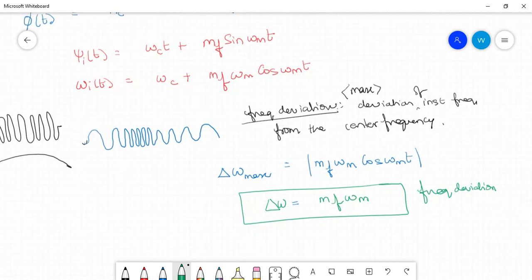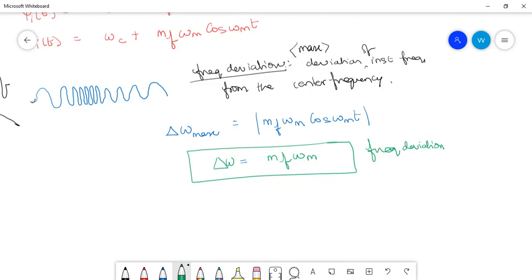So you can say that if a modulating signal is changing the center frequency of your carrier to a larger extent, it is modulating that carrier more. Or in other words, if your modulating signal has a very high frequency deviation with respect to the center frequency, this frequency deviation has a corresponding connection with the center frequency.